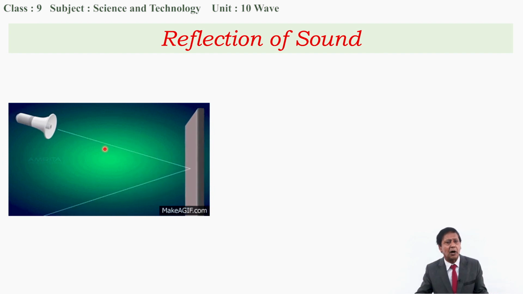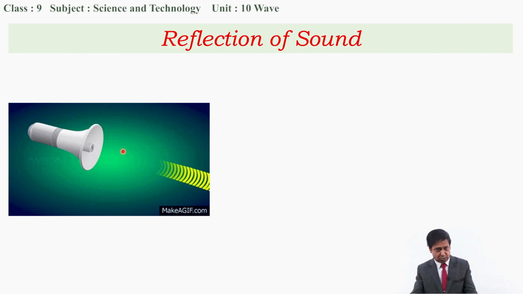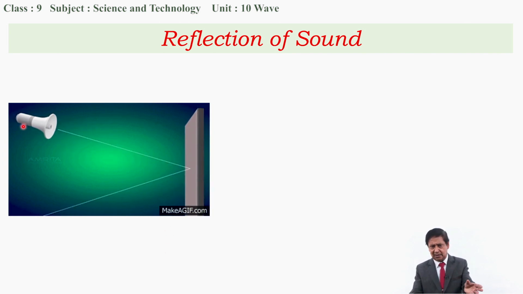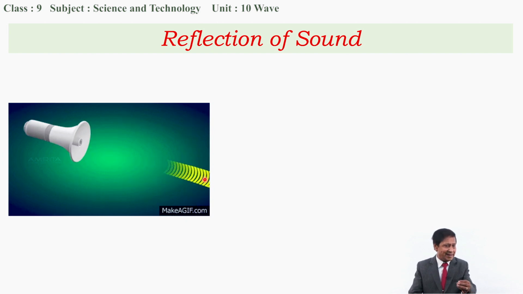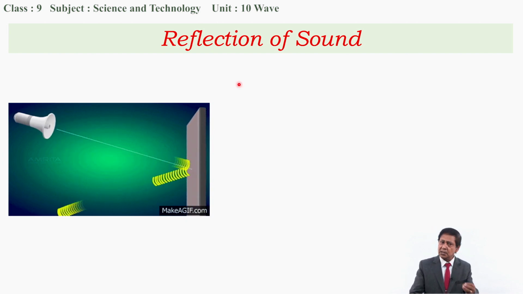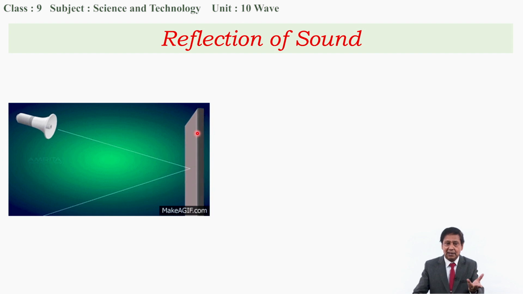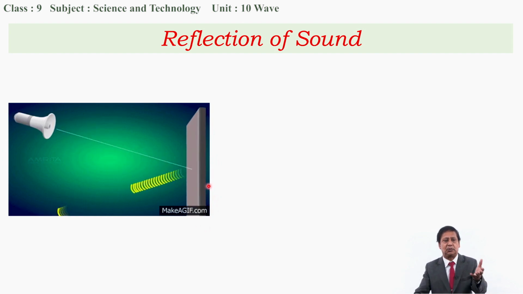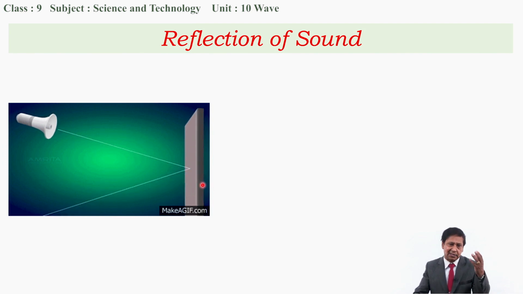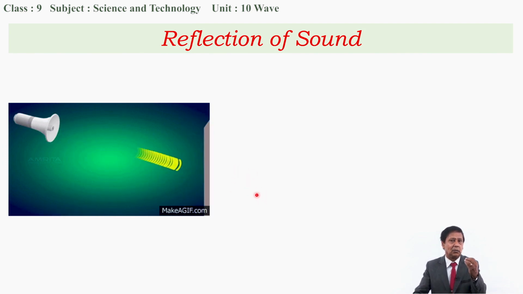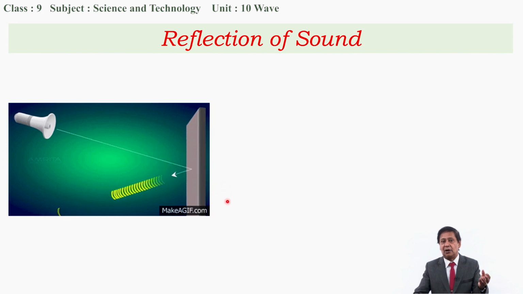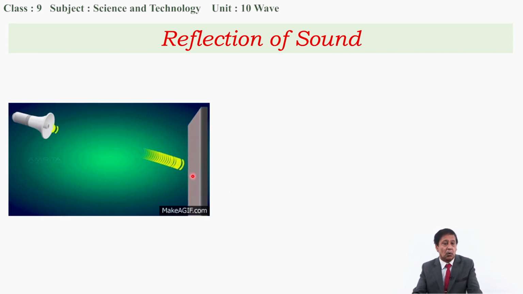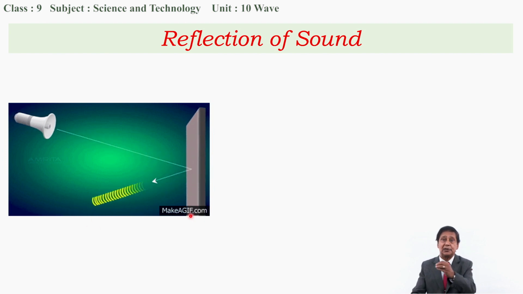When the pulse of sound is produced in front of a hard object, it strikes the object and reflects back. This surface may be liquid also sometimes. Sometimes a liquid surface also reflects sound, but we are concerned with hard solid objects for the better understanding of the reflection of sound. Here, the reflection of sound is shown in terms of a pulse of sound.